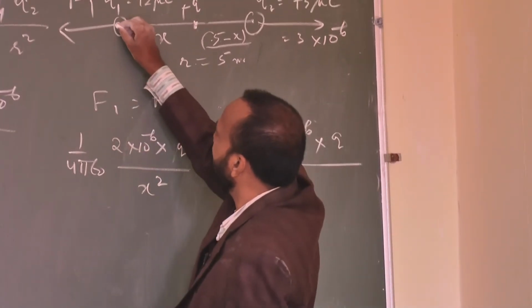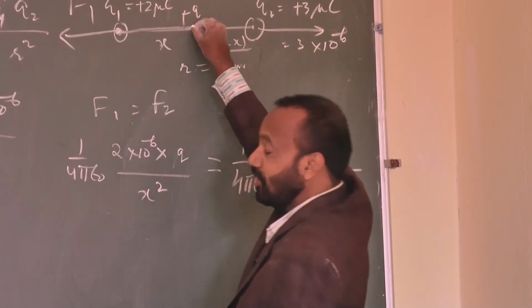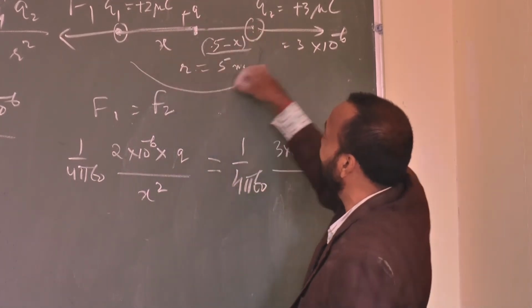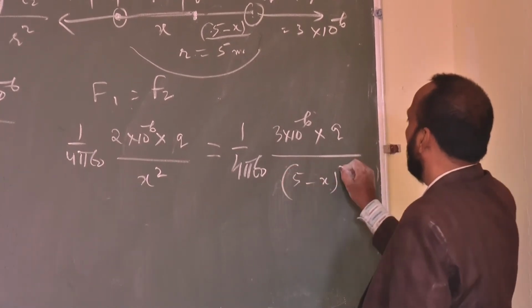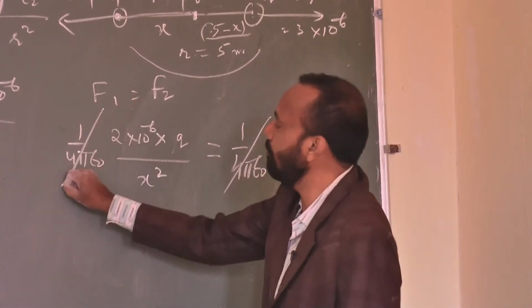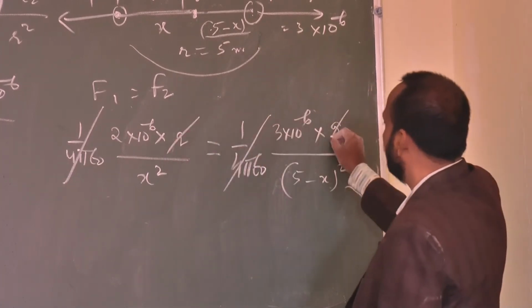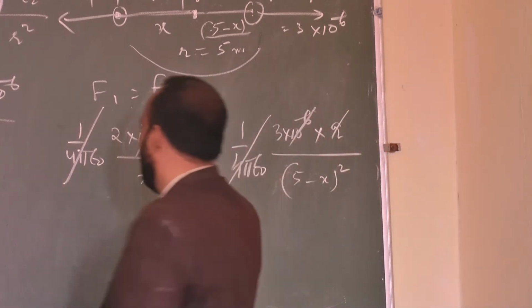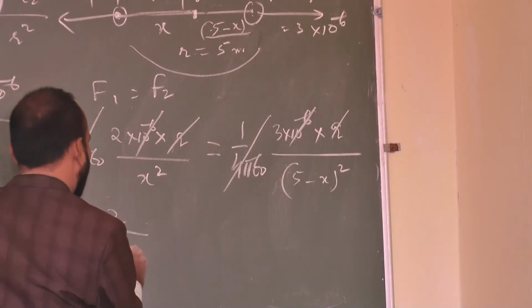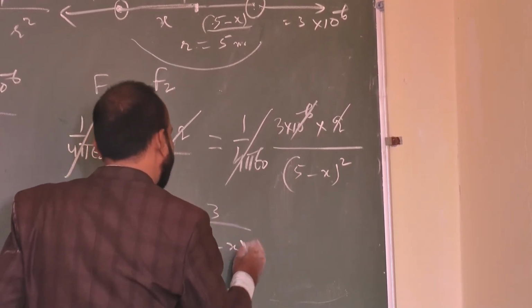From Q1 to this Q charge the distance is x, and the rest distance is 5 minus x because the total distance is 5. Now I can cancel 1 by 4 pi epsilon naught, the Q also cancels, and 10 power minus 6 cancels too. What remains is 2 by x square equals 3 by 5 minus x whole square.